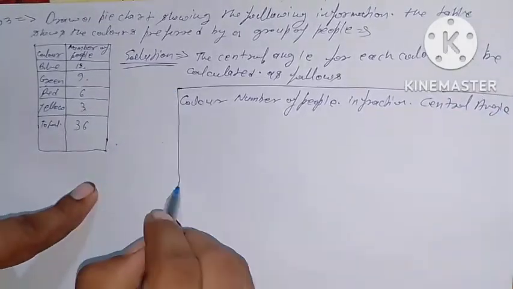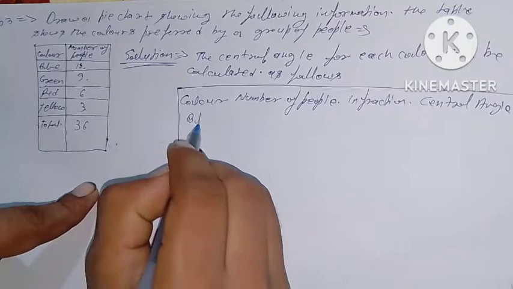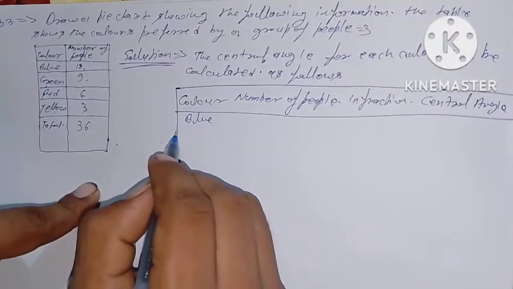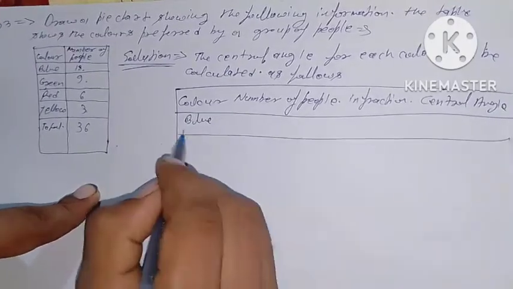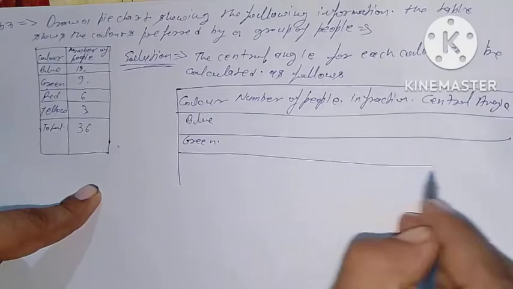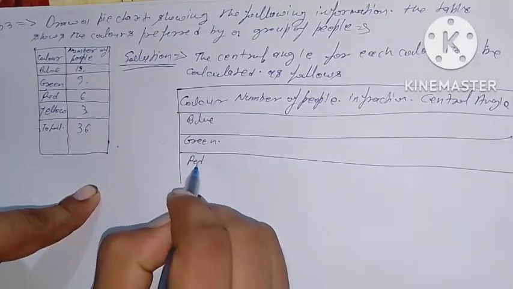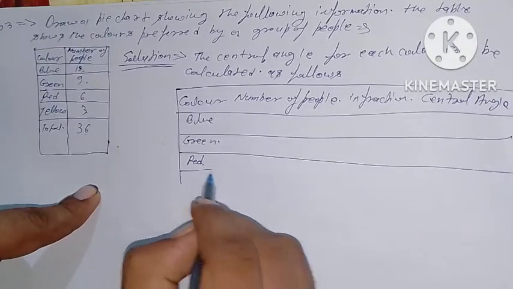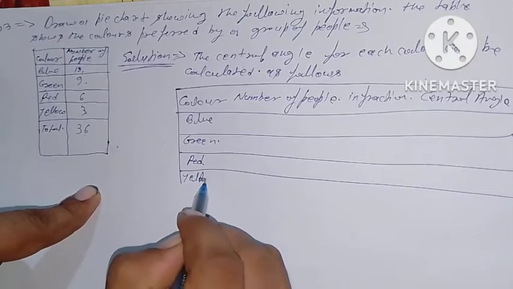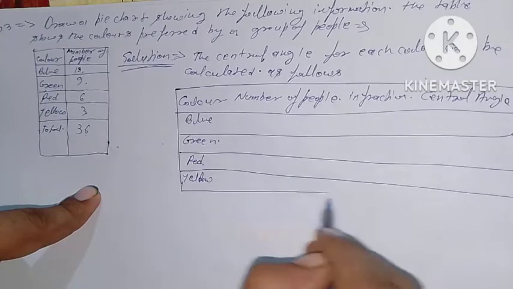Blue color, next is green color, next is red color, and next is yellow color.